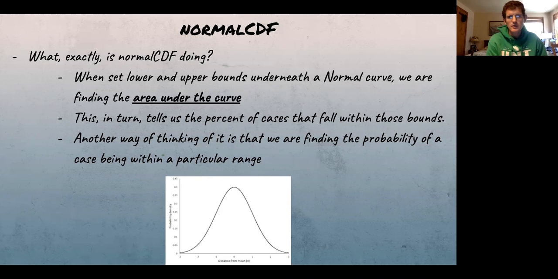Let's say you only want to find the area under this particular z-score. Here's my upper bound, whatever that is, about 1.4 or something. I don't have a lower bound, but I need to set it, so I'm going to make it like negative 99999, which is just unbelievably low. That's good enough.